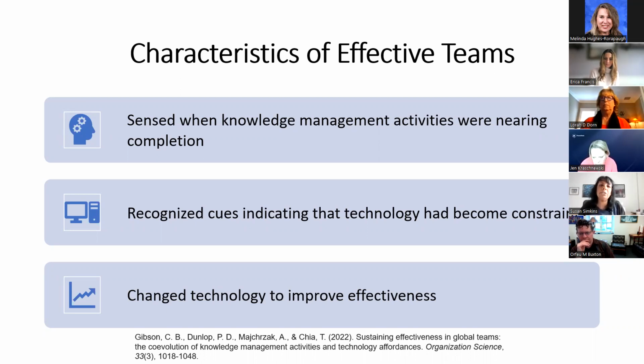And then the cues that the technology is no longer facilitating what you want, and being willing and able and agile to move and to change it. Okay, we're now going to have a period of email follow-up, or we're going to get on SharePoint, or, and again, the purpose of what you're wanting to do in the team is driving these choices, and trying to make it as explicit as you can. And then changing again to improve your effectiveness.